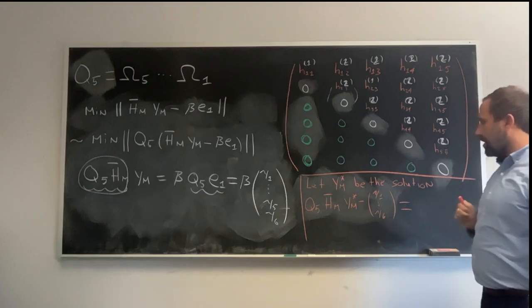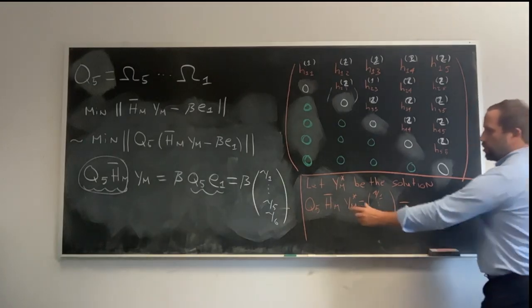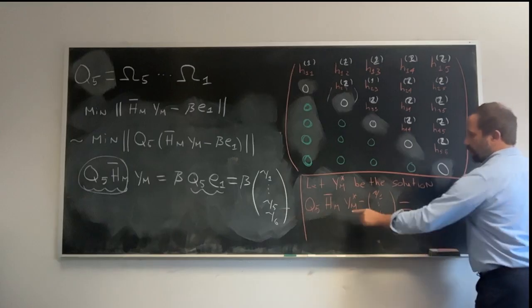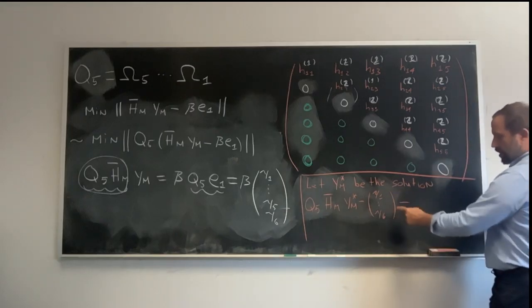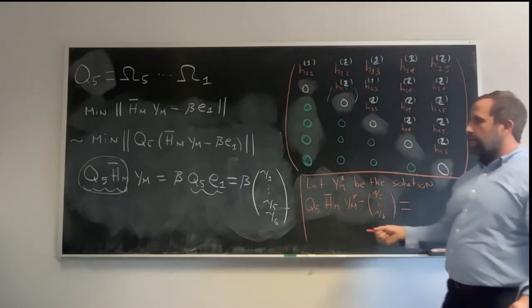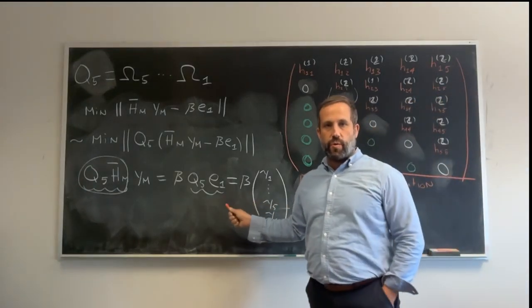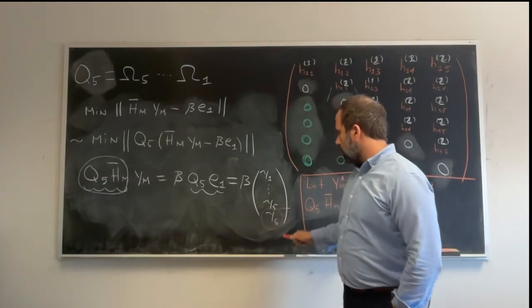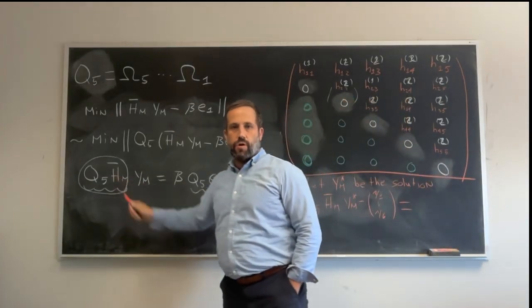Ym star is defined so that if I just look at the top m rows of this matrix right here, times ym star is going to give me the vector gamma 1 down to gamma 5. And that is what it means for ym star to be a solution to this equation. Again, with the modification where I delete the last entry of this and the last row of that matrix.